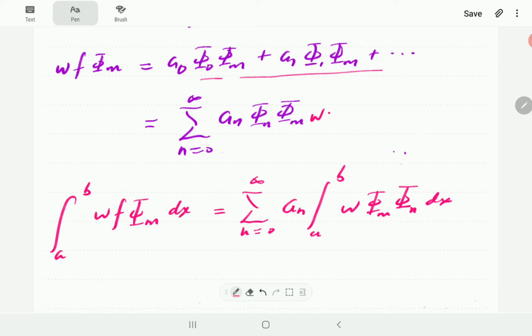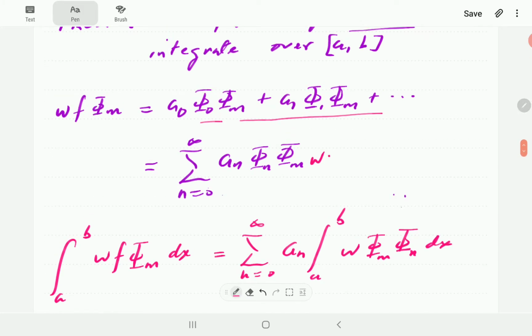Now from the orthogonality properties, when we integrate each of these, the integrals are going to be 0 so long as the two indices here are different, the only one that is going to be non-zero is the one where these two are the same.